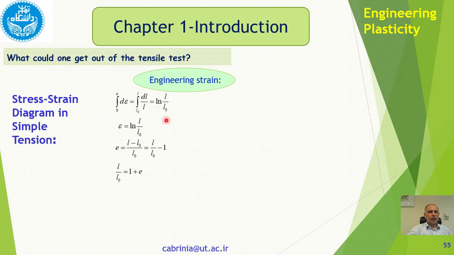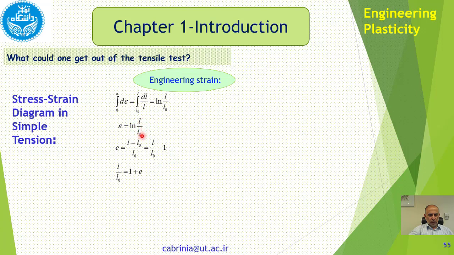This is the natural strain or true strain. Epsilon is equal to ln L over L0. E, which is the engineering strain, is equal to L minus L0 over L0. And therefore we get L over L0 minus 1.